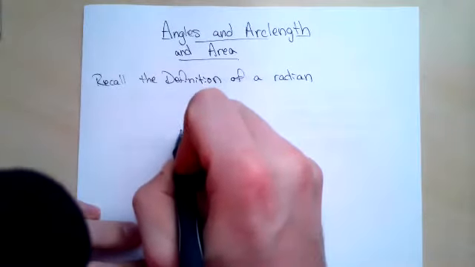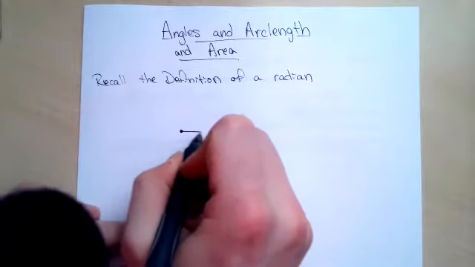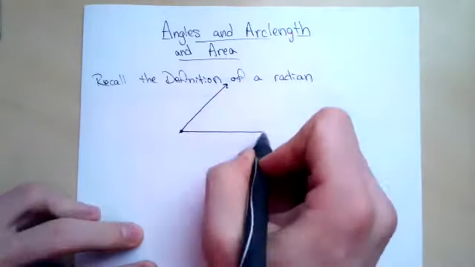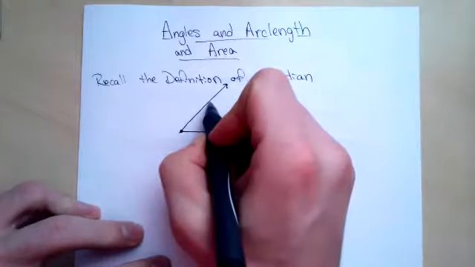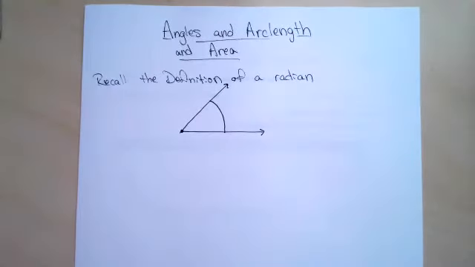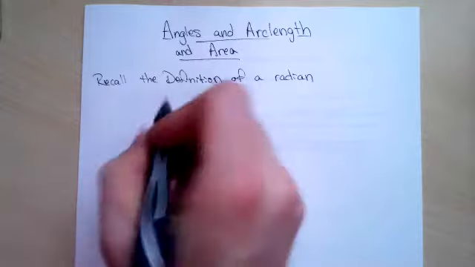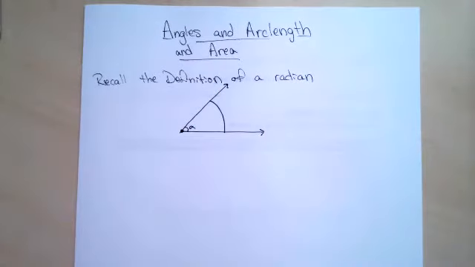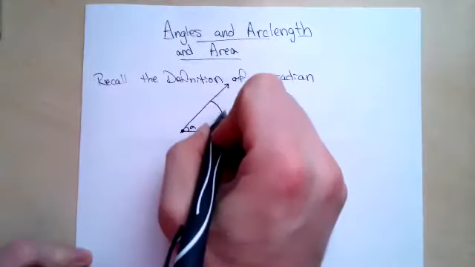And remember, what we said was that if I have an angle and we draw an arc centered about that angle, so a piece of a circle whose center is at the vertex of this angle, then how do I come up with the angle measurement in radians?